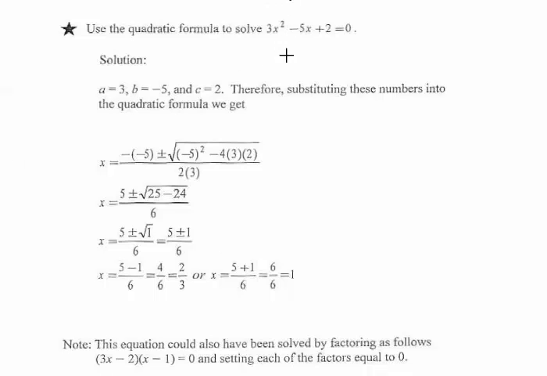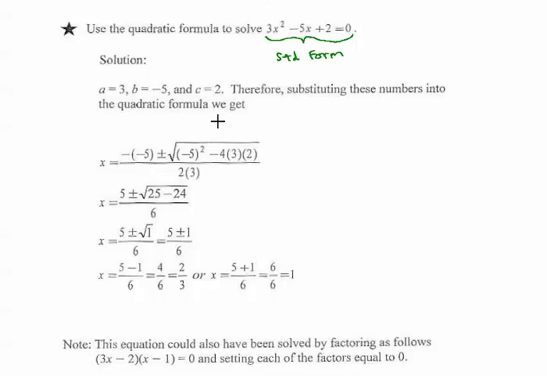The first thing you may just glance over without paying much attention to is that the equation that we started with is already in standard form. We have all the variables on one side, 0 on the other, and it's at this point that we can pick out our coefficients a, b, and c.